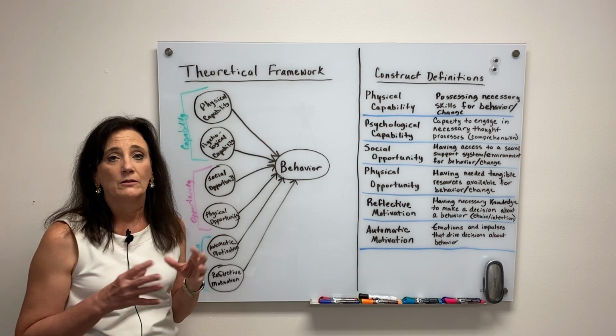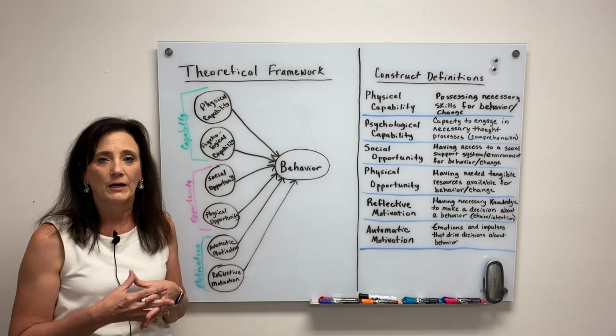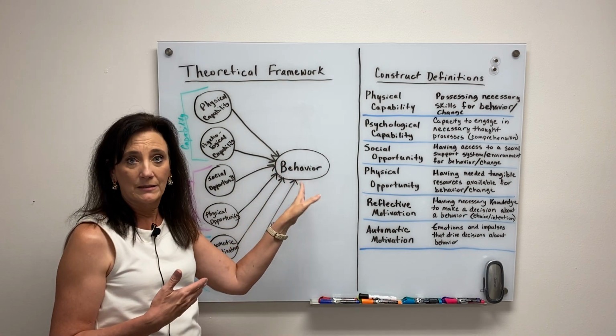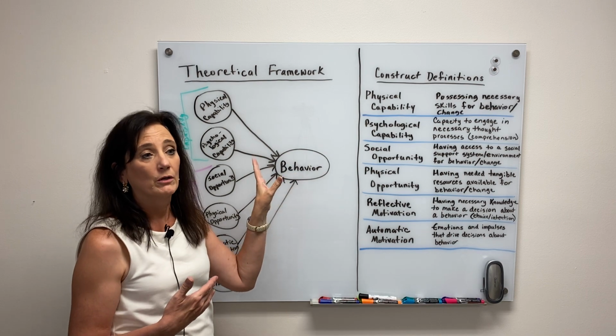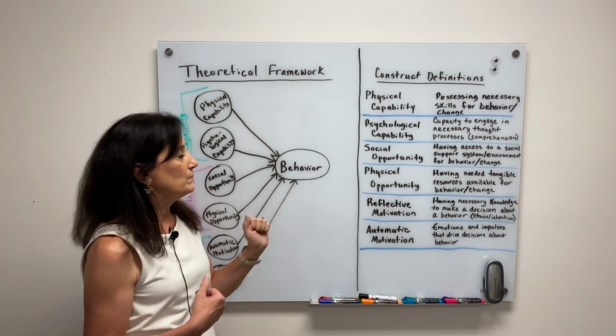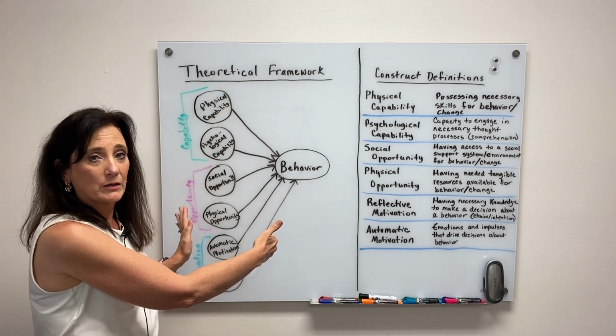So at this point, your assignment has been to find a theoretical framework that you will use to then explain some kind of behavior or practice change that's happening with your audience. So identify a theoretical framework.